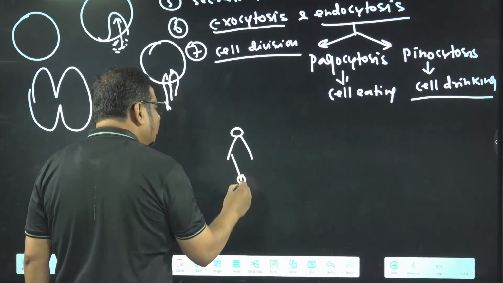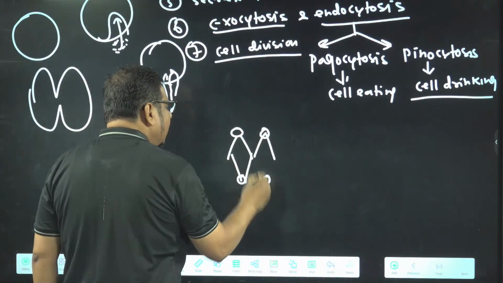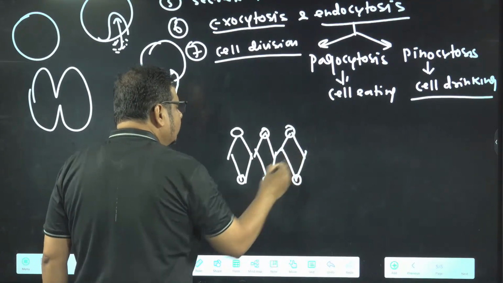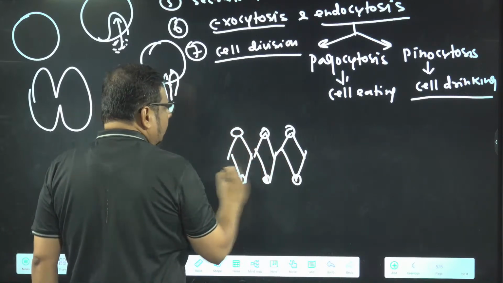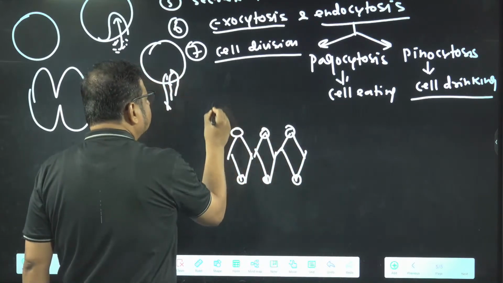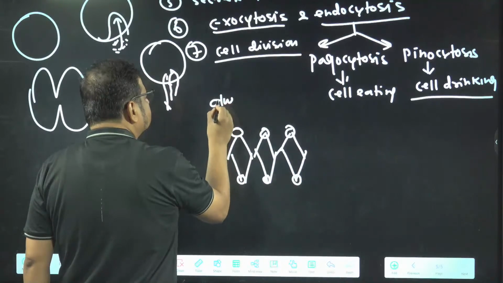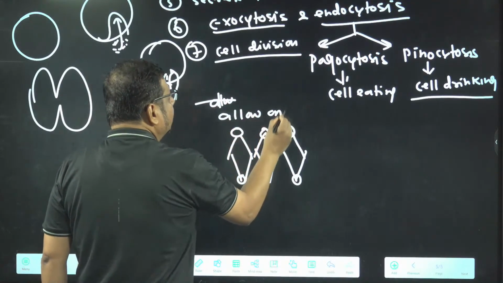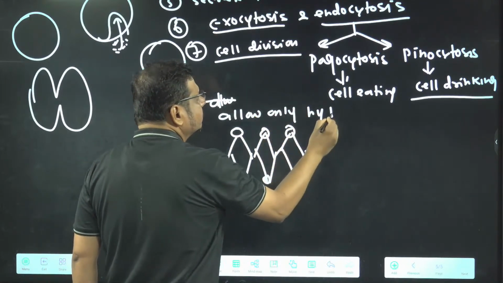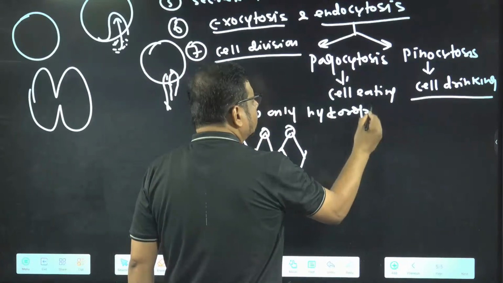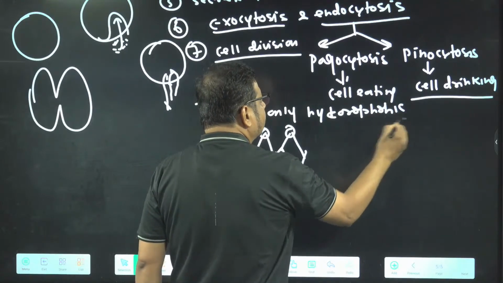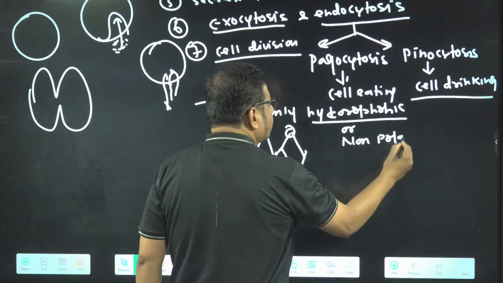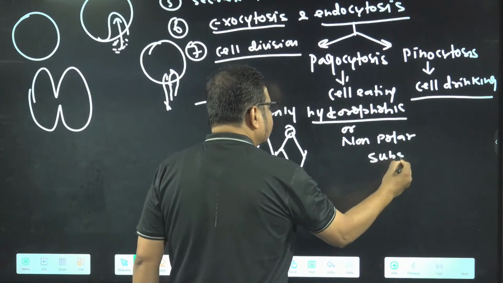Now this phospholipid bilayer has one demerit. What is the demerit? It allows only hydrophobic, or you can say non-polar, substances to cross.